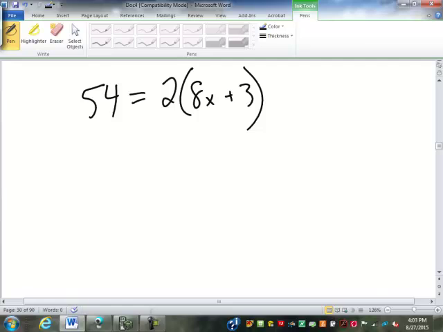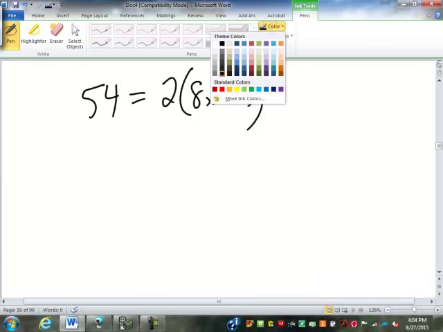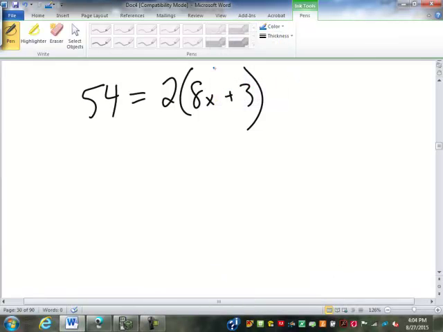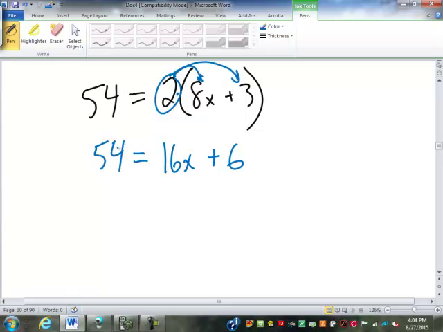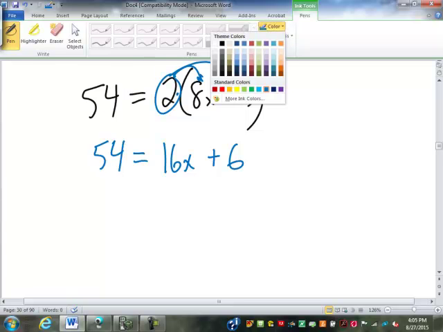Try this one in your notes. Solve for x. What do we do first? 2 times 8x is 16x. And then 2 times positive 3 is a positive 6. Now we still have the 54 over here. Nothing's happened to that.